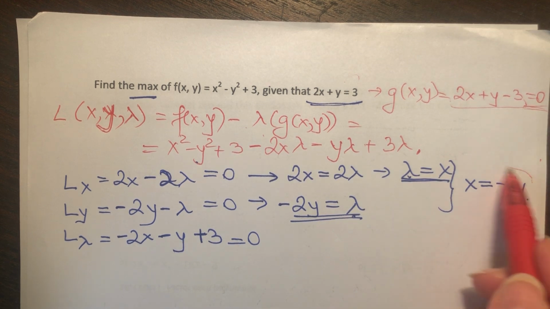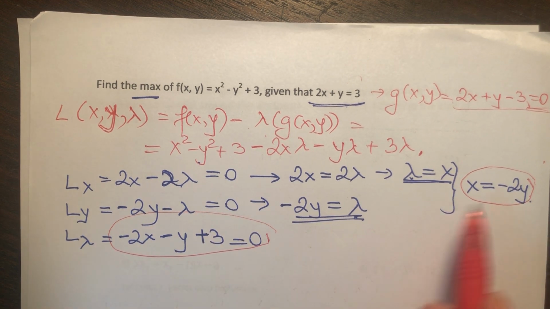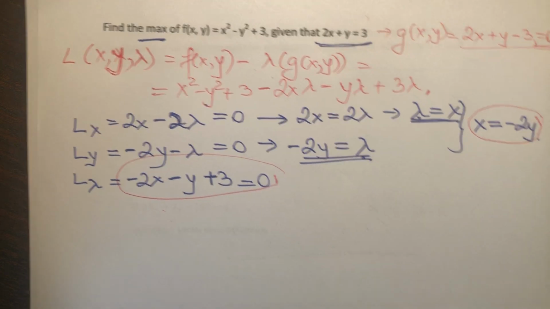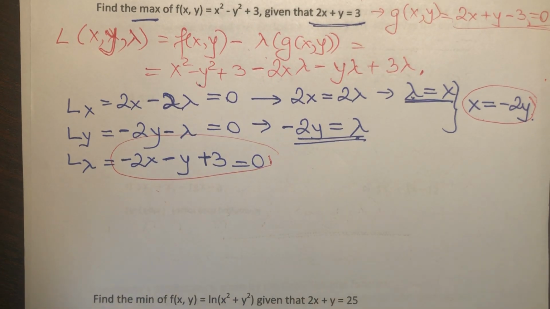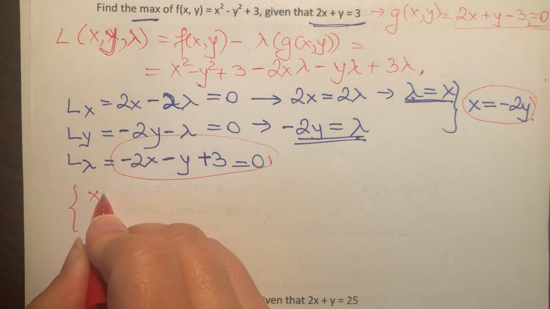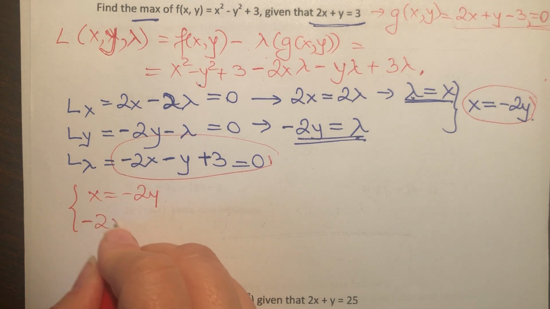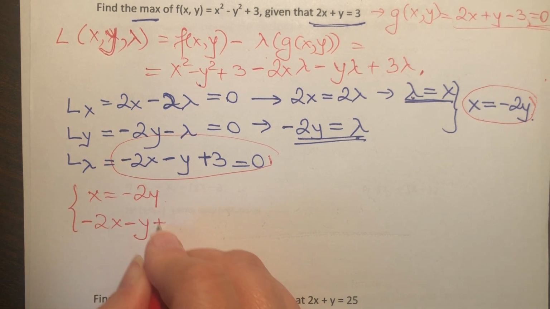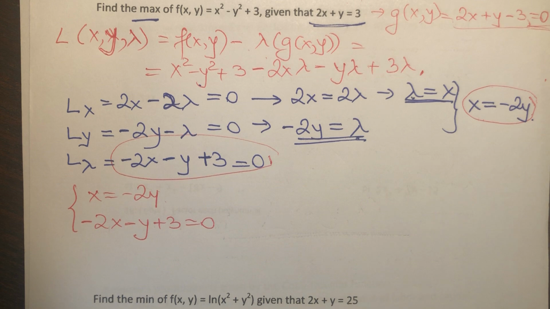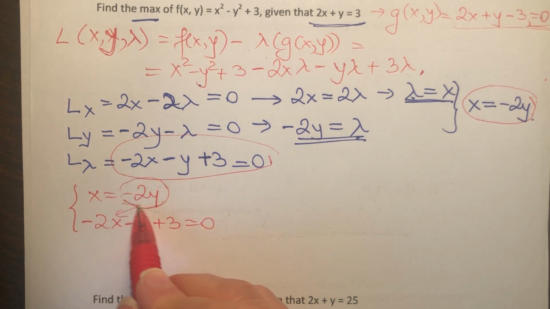All right, and then what do we do? We put this combination of the first two equations together with the third equation that was already in x and y and solve that system. So we got it down to a 2 by 2 system. Okay, here it is. x is equal to negative 2y, and negative 2x minus y plus 3 is 0. So it looks to me like the easiest way to solve this is by substitution.